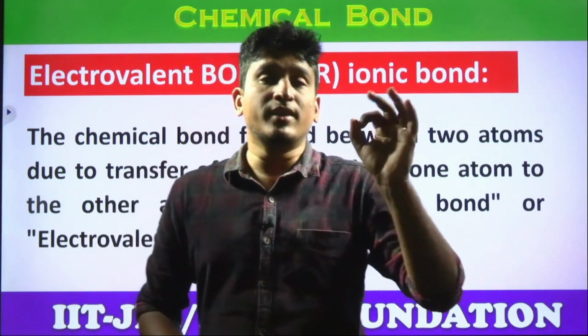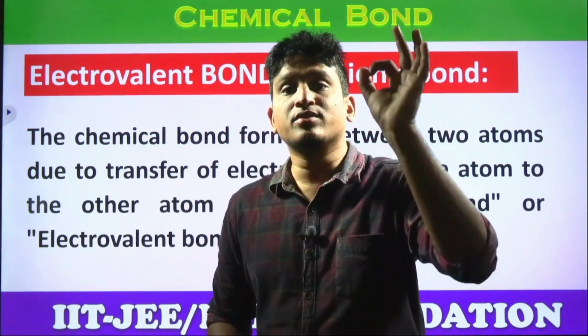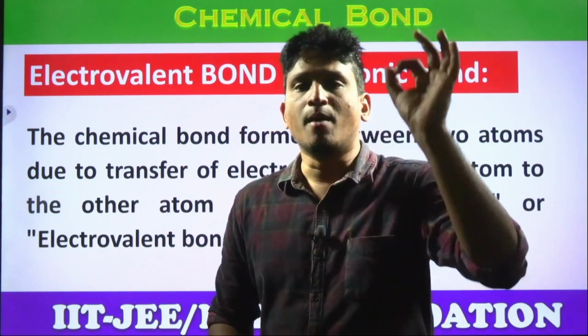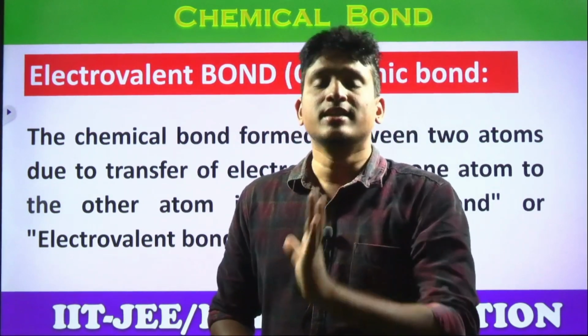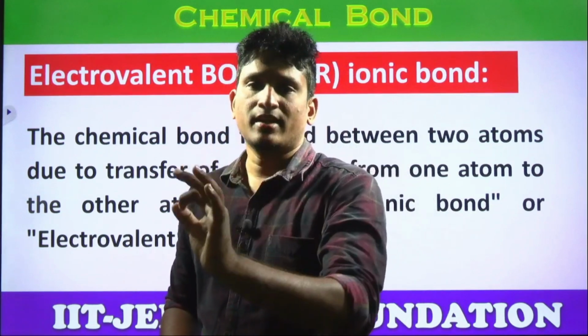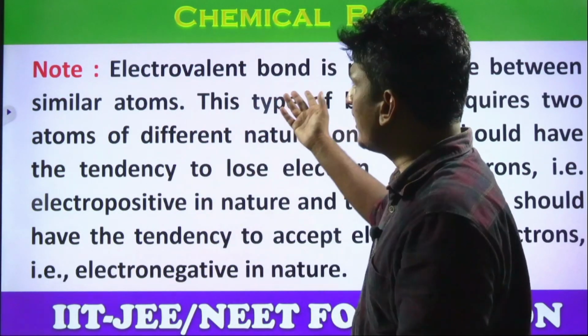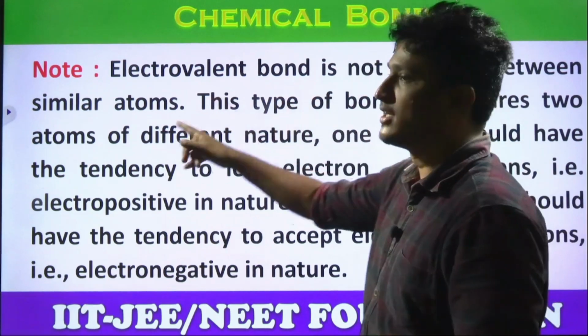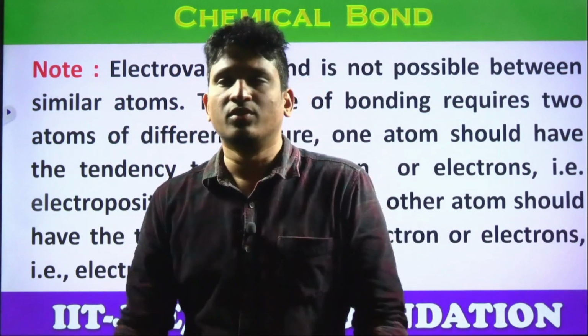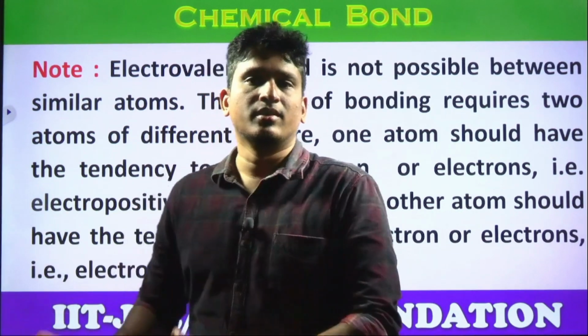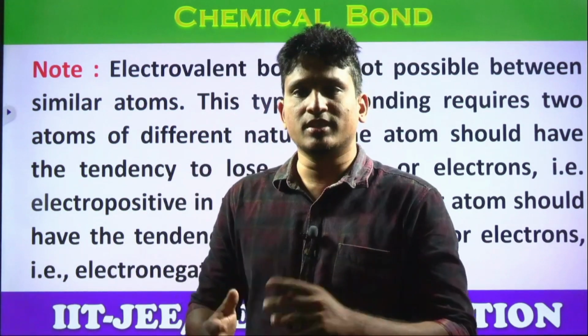So what is ionic bonding? The strong electrostatic force of attraction between oppositely charged ions is called the electrovalent bond or ionic bond. Let's see some of the examples. First of all, an electrovalent bond is not possible between similar atoms. Yes or no? So can we expect this strong attraction between metals?